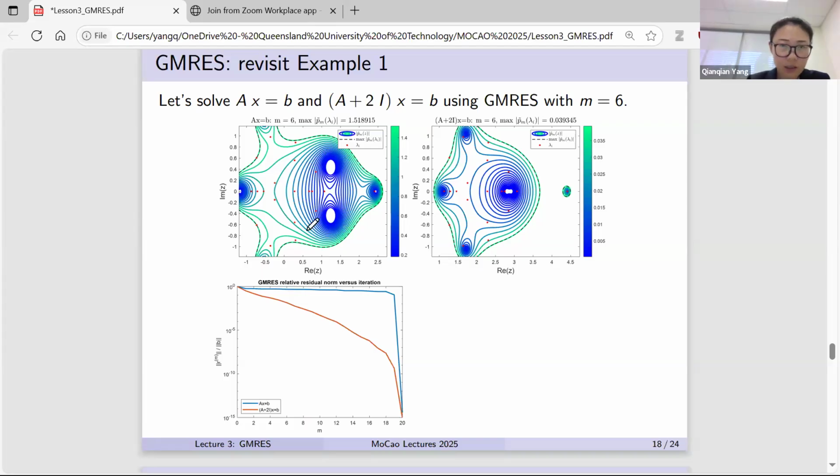Remember, here we still need to satisfy that condition. So here in the middle, at the origin, roughly like here, there's a spike of your polynomial. So remember PM tilde.